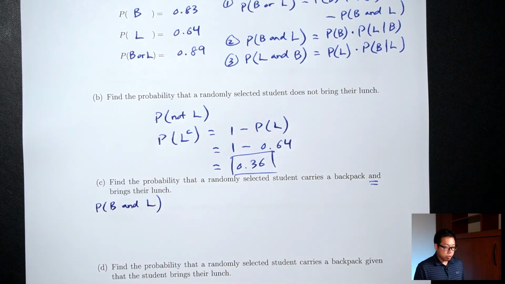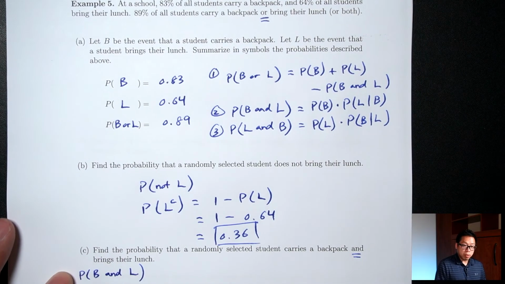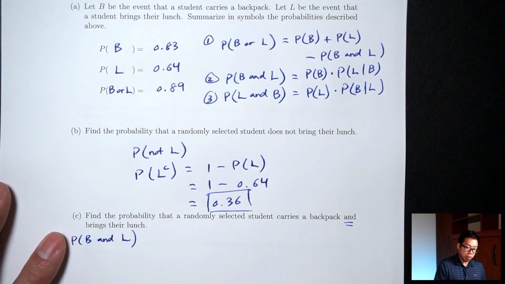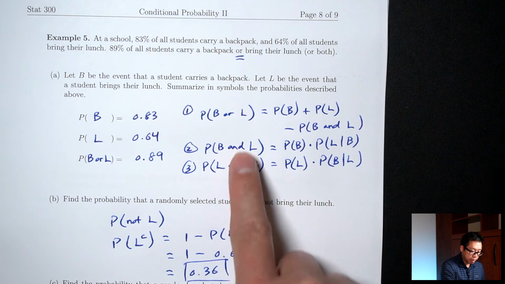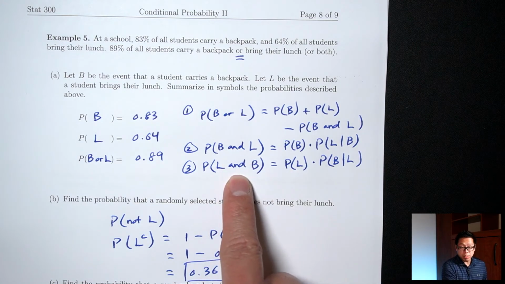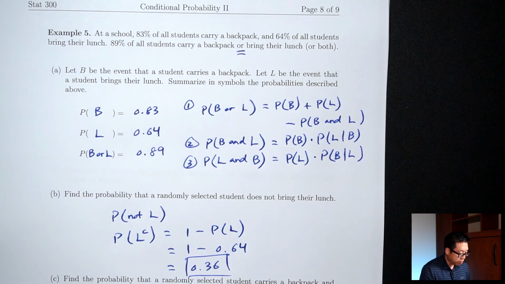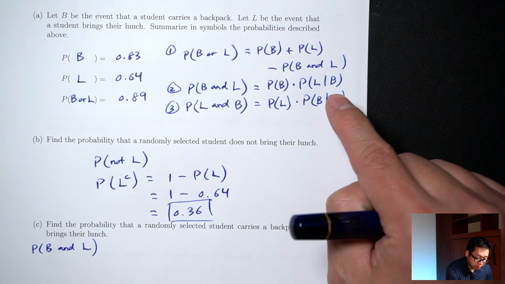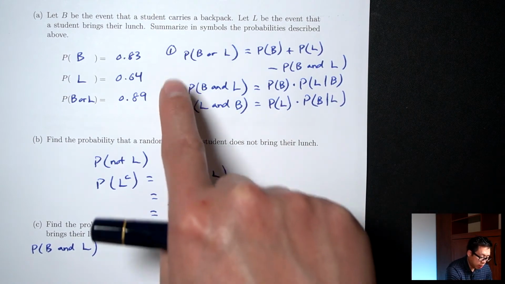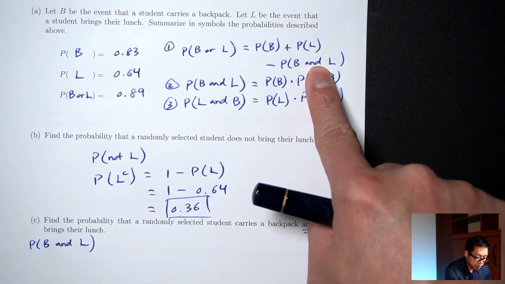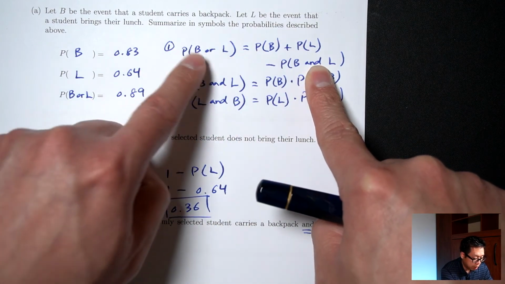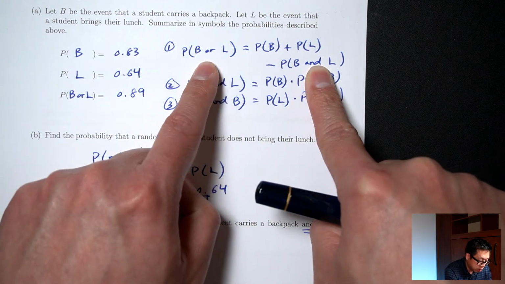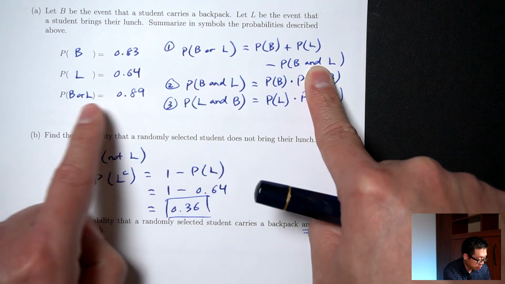Which equation am I going to use? So I'm looking for equations that have B and L in them. I see one right there. I see one right there. And then for ands, the order does not matter. So that counts too. Which one's going to work? So in order to use an equation, we have to know everything else. B and L is right here. In order to use this equation, I need to know the other three things. So B, L, and then B or L. Do I know B or L? Yes.